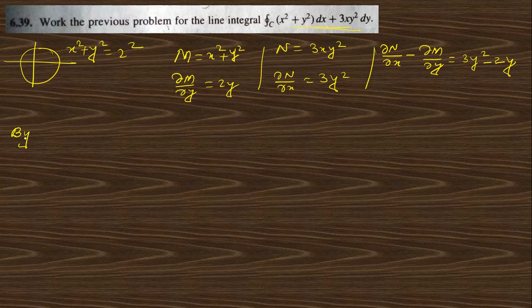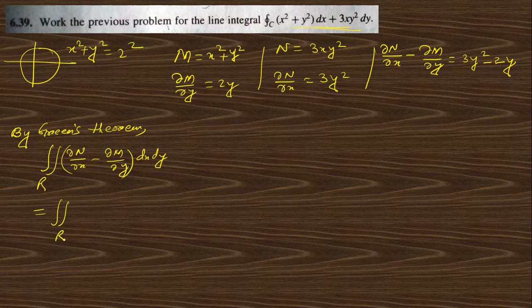So by Green's theorem, we can say this becomes the double integral of del N del x minus del M del y, that into dx dy, right? So this is 3y square minus 2y into dx dy.